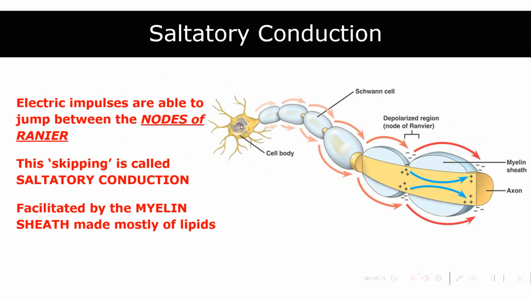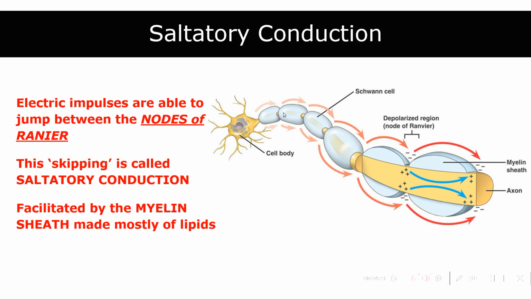Your neurons are generating electric impulses. And rather than just going straight through the length of the cell, these impulses are actually able to make jumps between the nodes of Ranvier. That skipping action has a special name, and that is called saltatory conduction. So when I'm talking about that, I'm talking about the electricity really jumping over through these nodes of Ranvier.